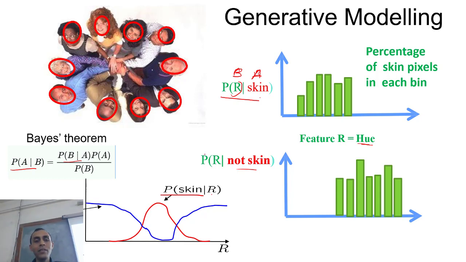So between these two values, the probability of a given hue being skin is more than non-skin. So if our hue value is falling within this range, we will classify it as a skin portion. If it is falling outside this region, we'll classify it as a non-skin region.